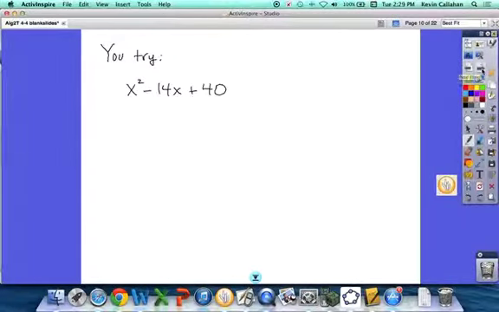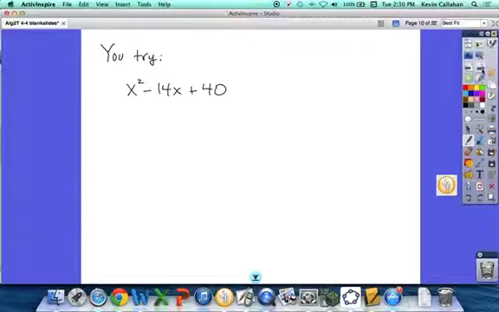Okay, try this one. What are the first two numbers you think of when you see 40?